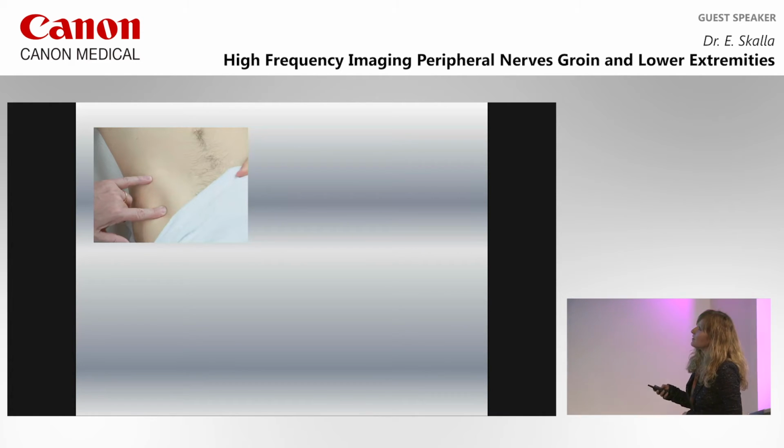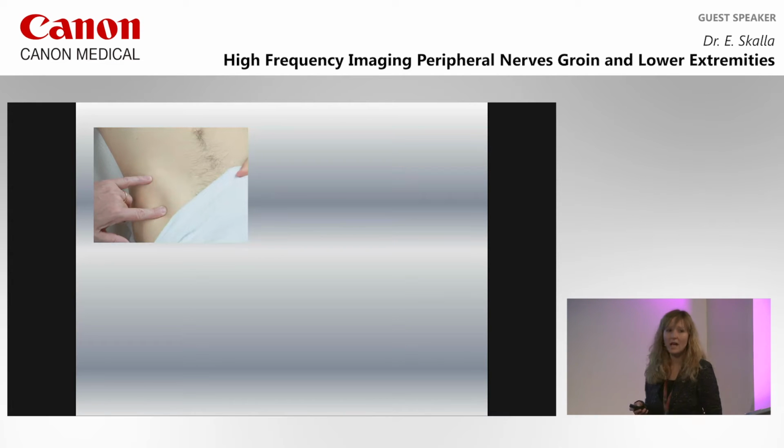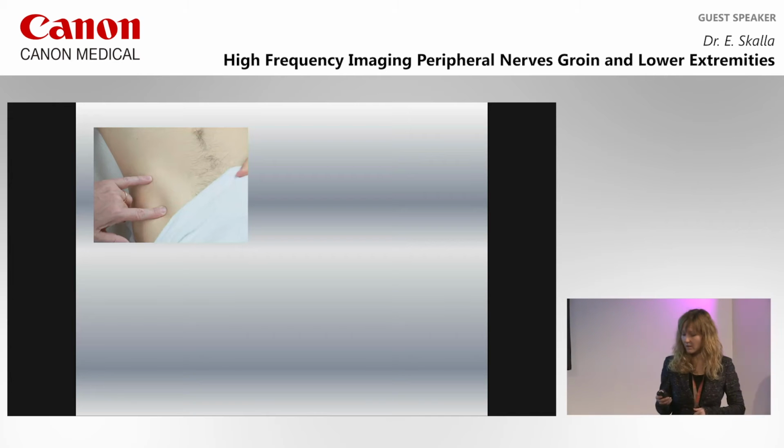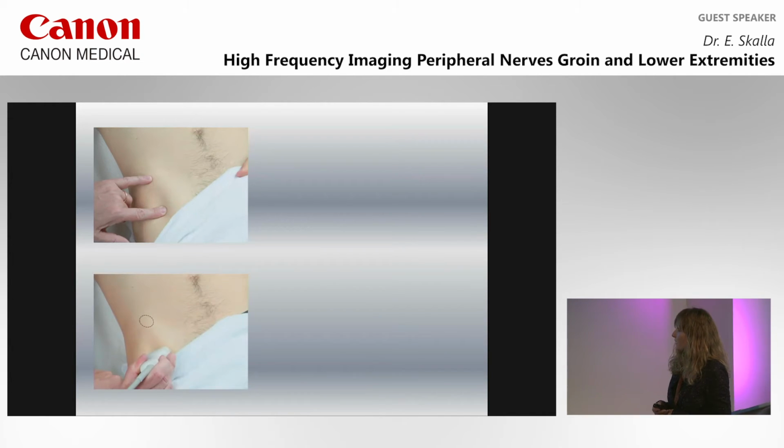You go distally a few centimeters, and then you ask the patient to lift the limb a little bit. Then you see a little groove between the Sartorius muscle and the tensor fasciae latae muscle. You can also palpate this groove. You fall into it with your fingers, and then you put the probe here in a transverse approach, just a little bit below the spine.